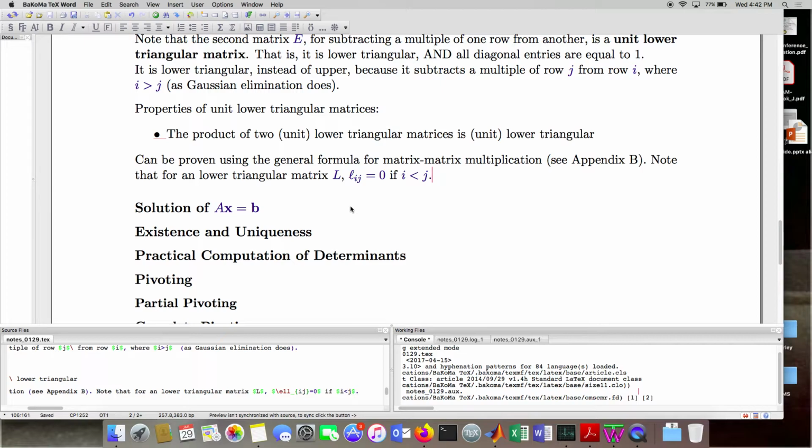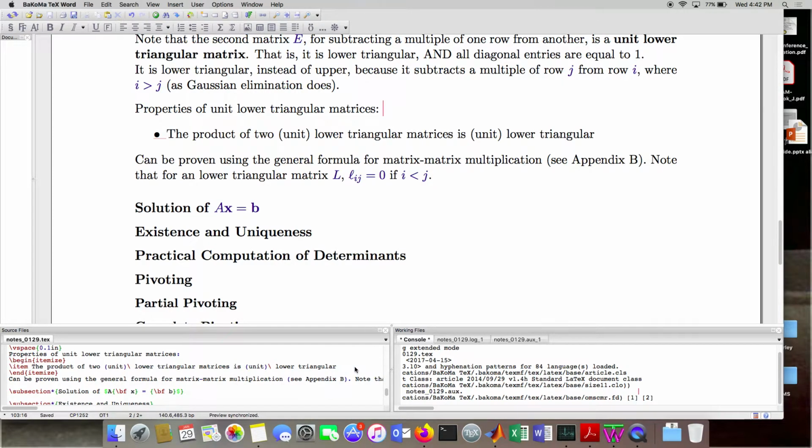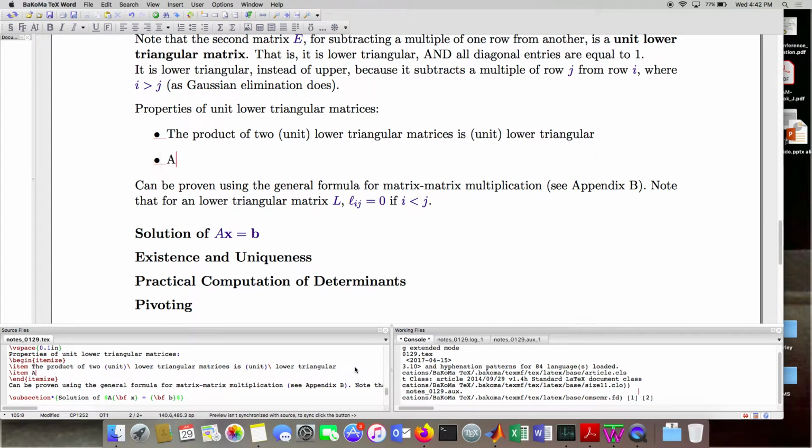Now, the other property of unit lower triangular matrices that will help is this: the inverse of a non-singular unit lower triangular matrix is unit lower triangular.